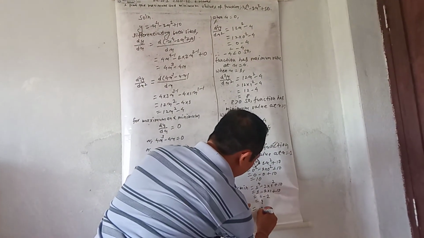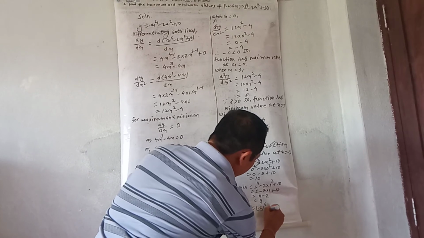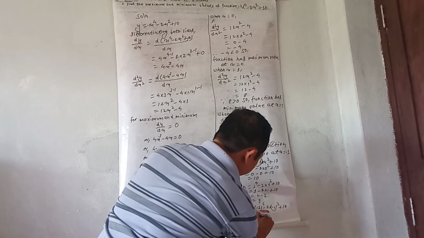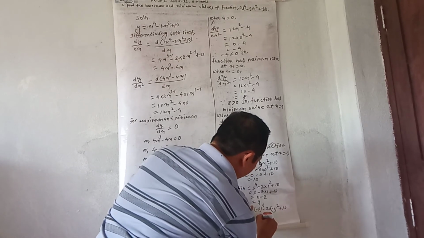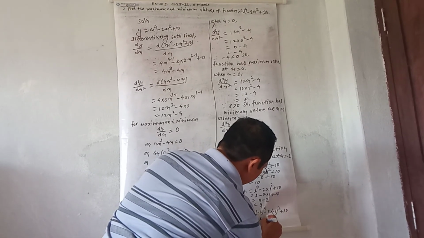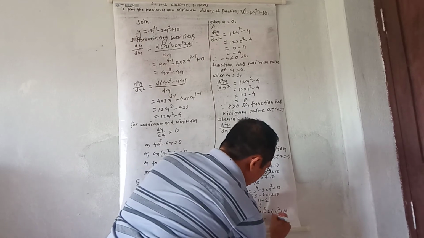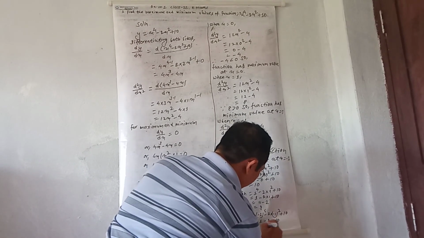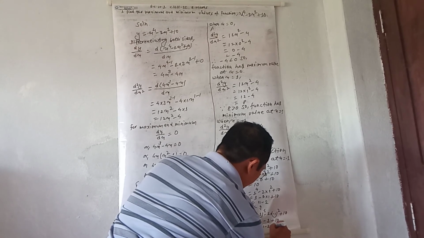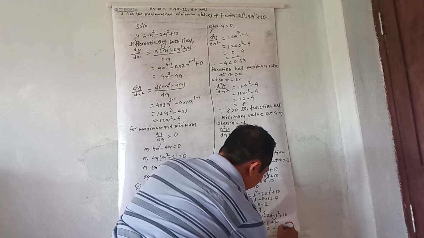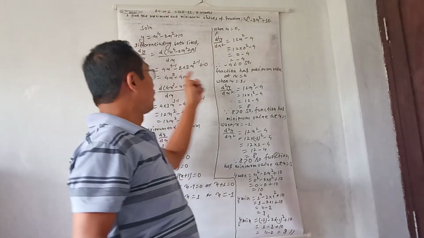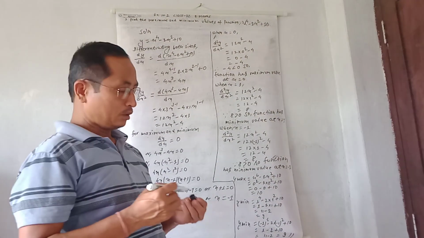So -1 power 4 minus 2 into -1 square plus 10 is equal to 1 power 4 means 1, minus 1 square means 1, 1 into 2 means 2, plus 10, is equal to 11 minus 2, equal to 9. So this is also the minimum value of the given function.